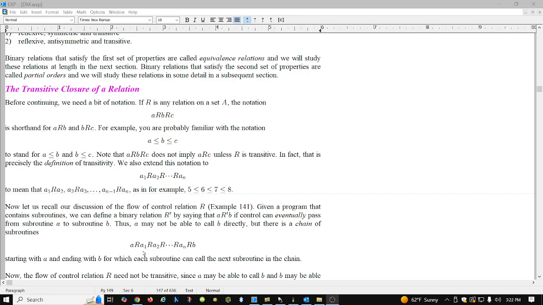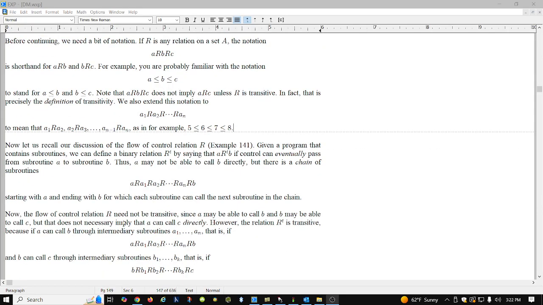A is related to A1, which is related to A2, and so on, all the way to An, which is finally related to B. So there's a chain of relations that connects A and B. So it starts with A and ends with B. Each subroutine can call the next one in order.